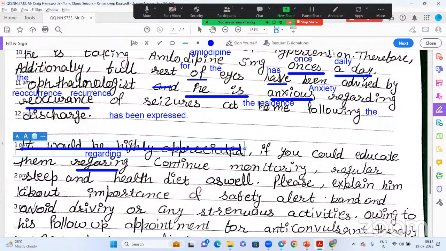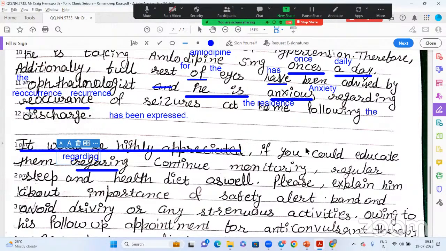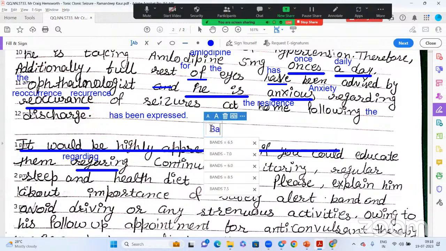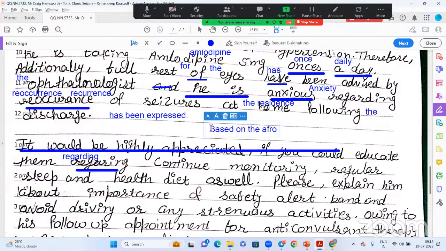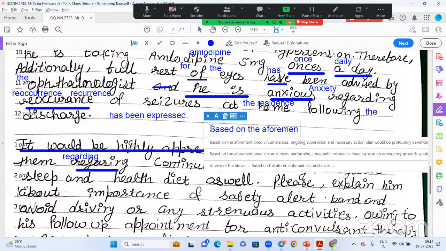So no need of this one. This is a very ordinary style. Everyone will write that. What is your specialty then? So change the style based on the above-mentioned circumstances.